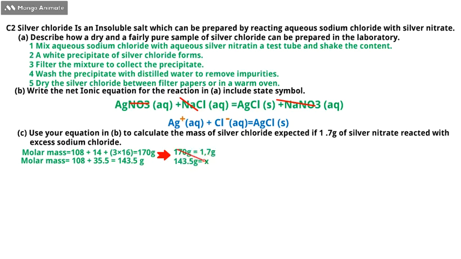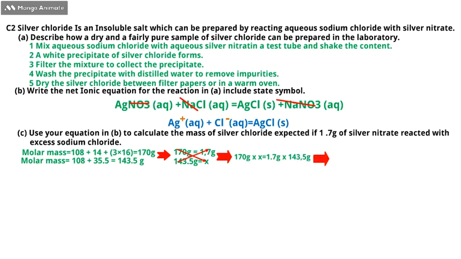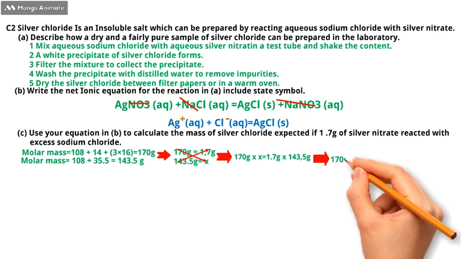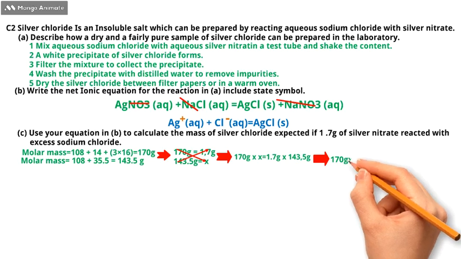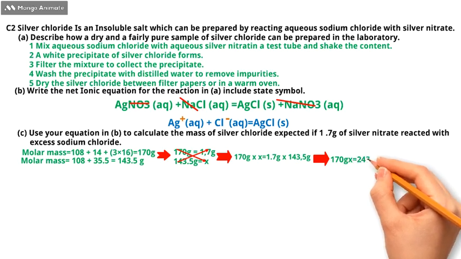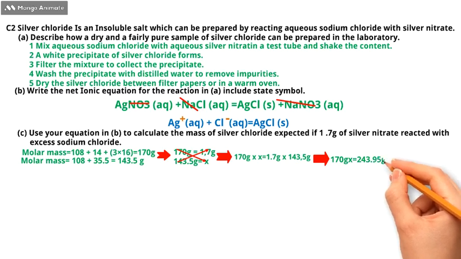Now we do cross multiplication as follows. Then we come up with these expressions. 170 grams times X is equal to 1.7 grams times 143.5 grams. Next, we evaluate 170 grams times X, which will give us 170 X grams. Thereafter, we evaluate 1.7 grams times 143.5 grams, giving us the product of 243.95 grams.